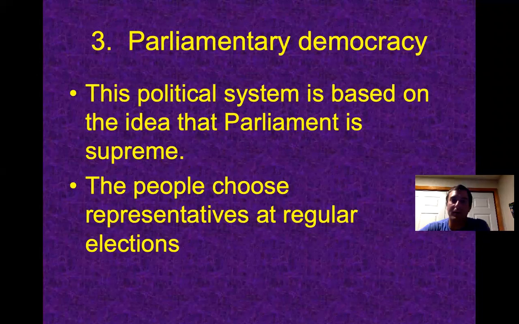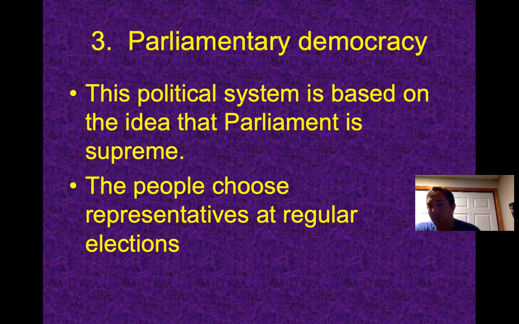But in a parliamentary democracy, this is the idea where the people choose representative officials, right? They choose political officials, representatives to reflect their ideals, what they would want in society. Let's say a law, let's say an ideal, let's say a political platform, whatever it might be. The people elect those officials in and they make the decisions for the government.